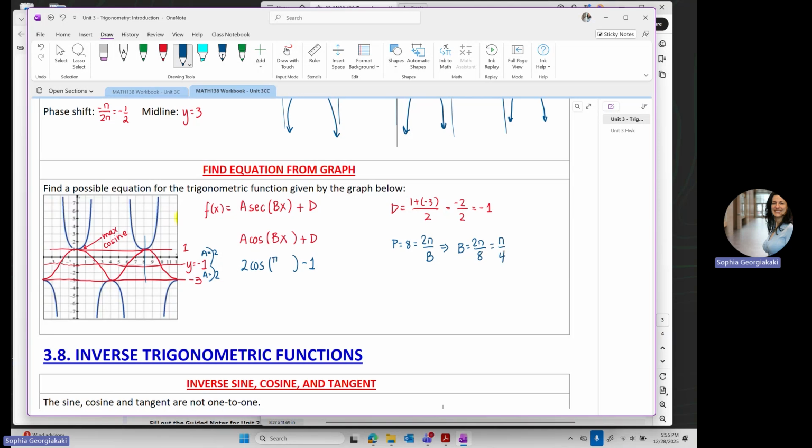So I will have here pi quarters x minus 1. And therefore, the function I'm looking for will be the reciprocal function with the same coefficients. So 2 secant of pi quarters x minus 1.